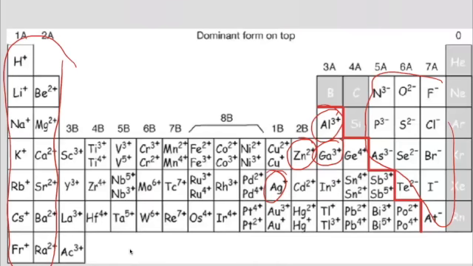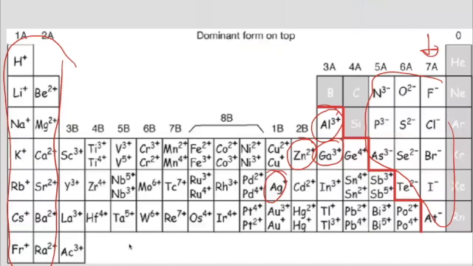Silver is never gonna change. They're always going to carry that charge. So everything in group 1 is gonna carry a +1. Everything in group 2 is going to carry a +2. Halogens are going to carry a -1. The oxygen family is going to carry the -2, and then we have those odds that are going to be there.